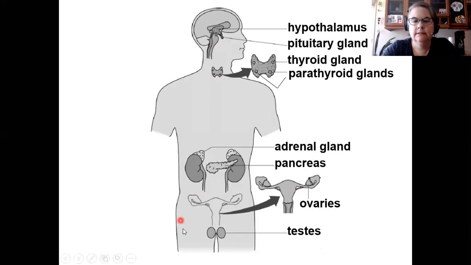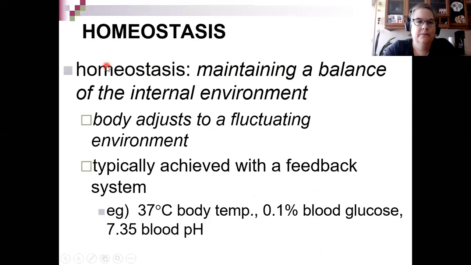All right. So now let's move on and do some more detail with this. So homeostasis. So we all know what homeostasis means, or we should. Maintaining a balance with our internal environment, right? So if we have a chocolate bar, okay, our blood sugar level goes up. So our body has hormones that kick in, in this case insulin, which will bring that back down to normal.